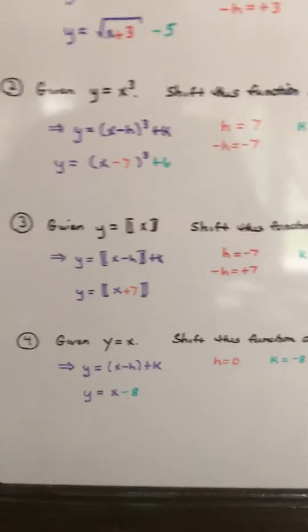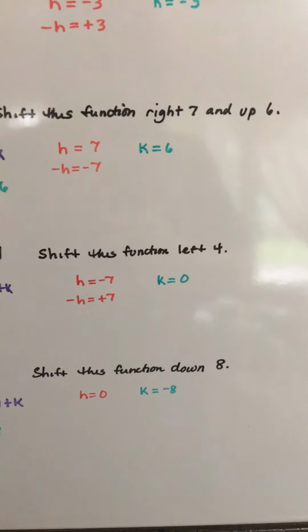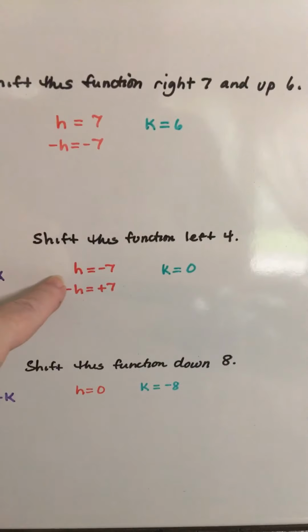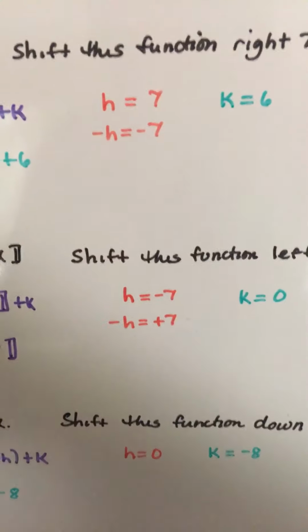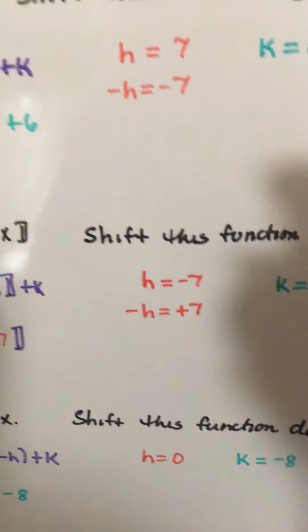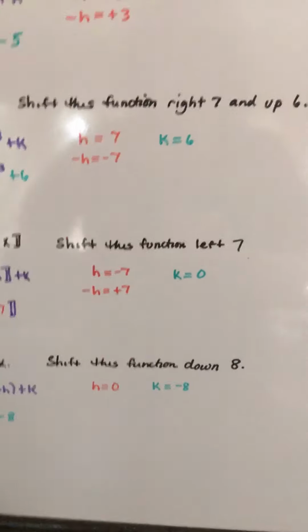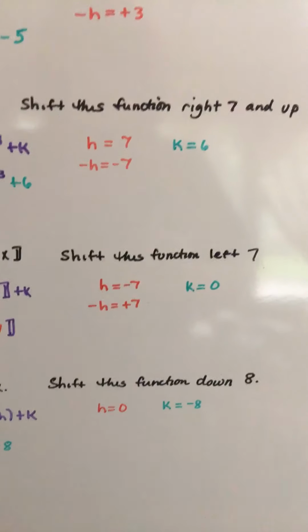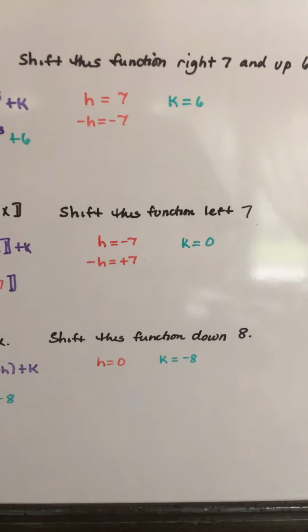Given a greatest integer function, this is what it should look like. I want it to shift left 7.